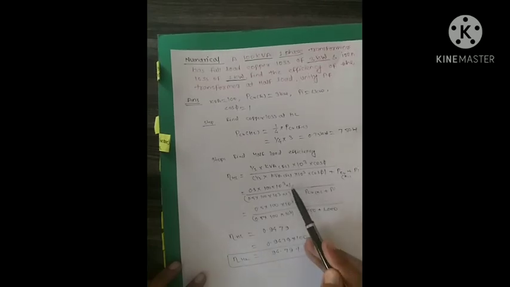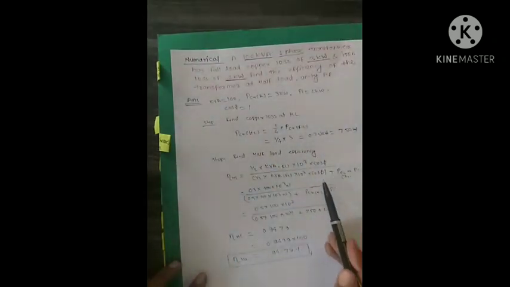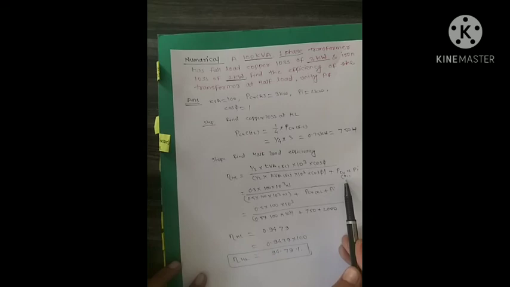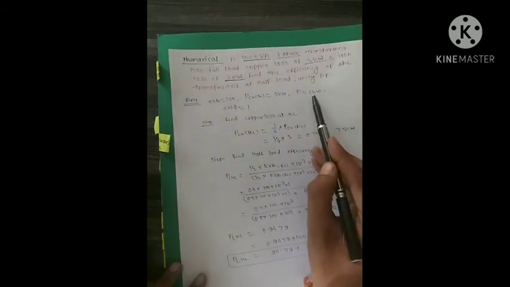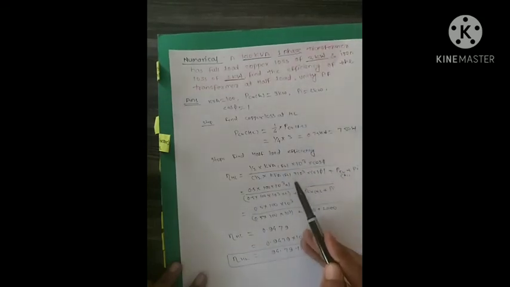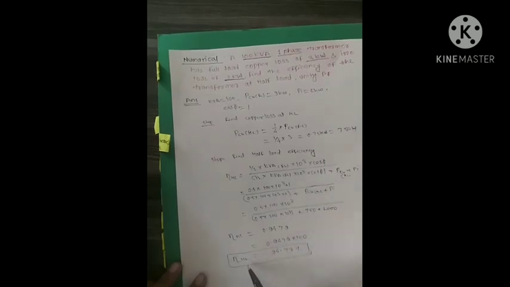Power factor is 1, PCU at half load is 750 watt, and PI is 2 kilowatt, that means 2000 watts. So by using this formula and putting all the values, we get the efficiency at half load as 94.79%. This is our final answer.